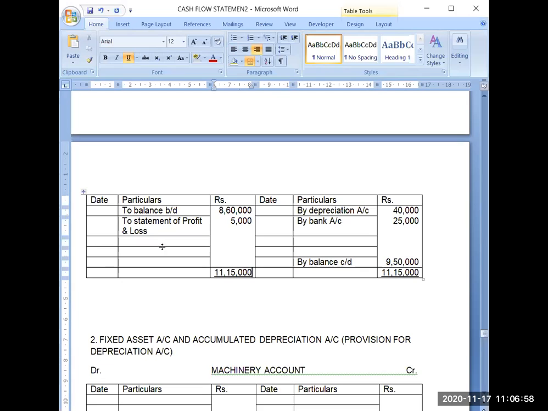Out of this total, we will subtract and find the difference amount. So it will be 0, 0, 0, then 5, 0, 6 plus 5, 11, 9 plus 2, 2,50,000.